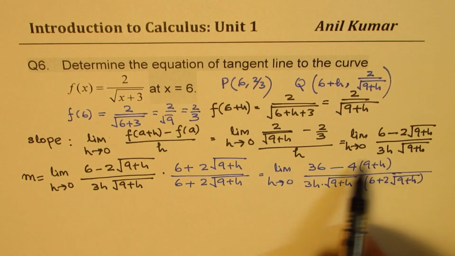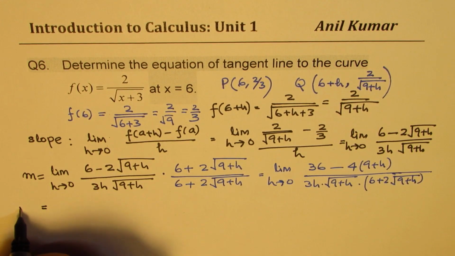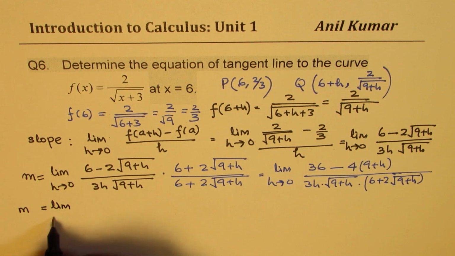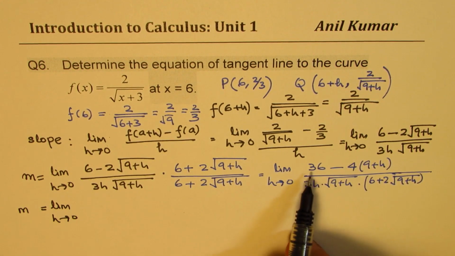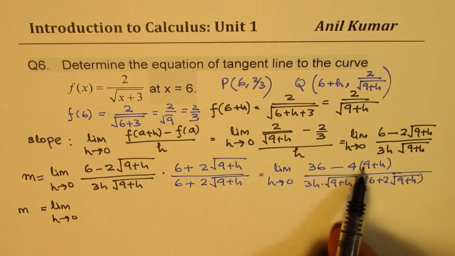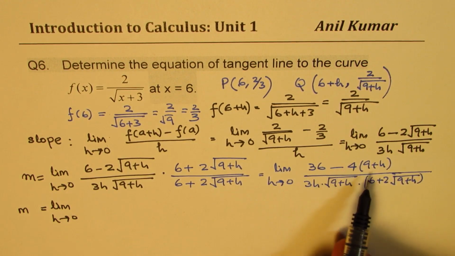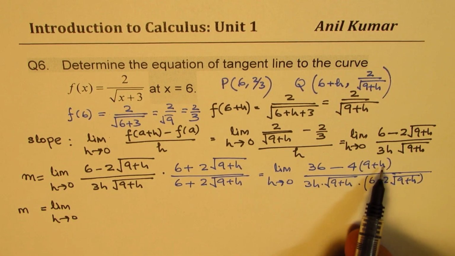Now, if I open this numerator, what do I get? I get slope m, limit h approaches 0, 36 minus 36. Do you see that part? So 36 cancels. So you're left with minus 4h above.